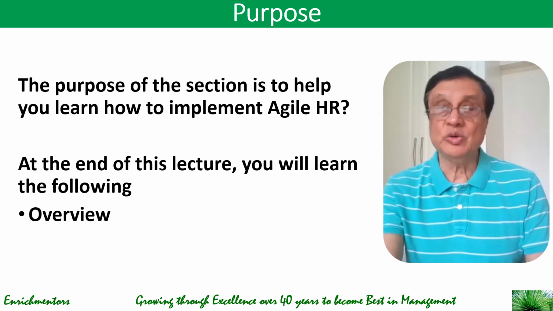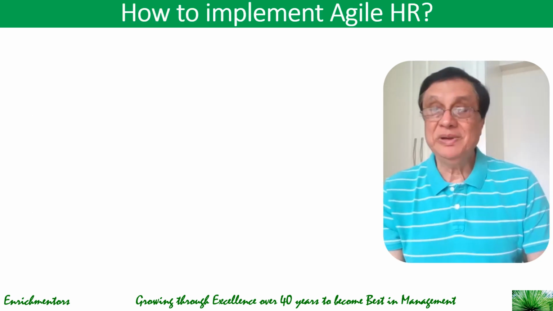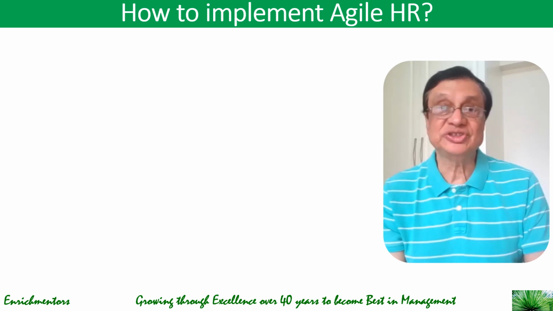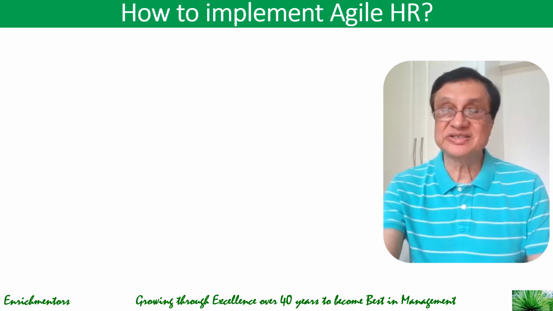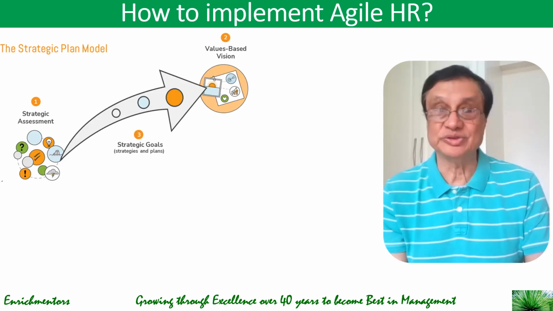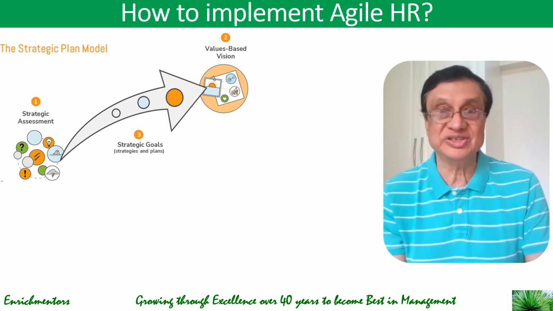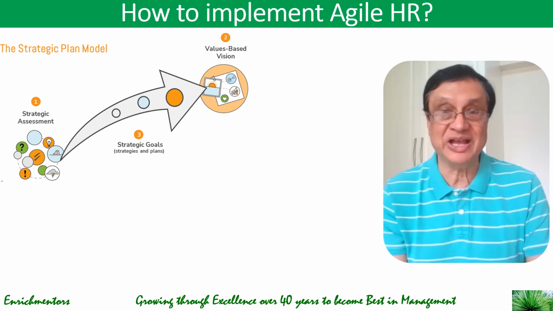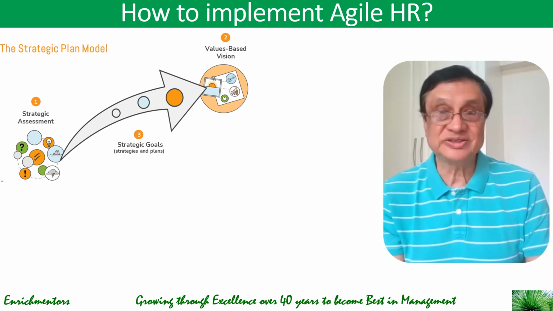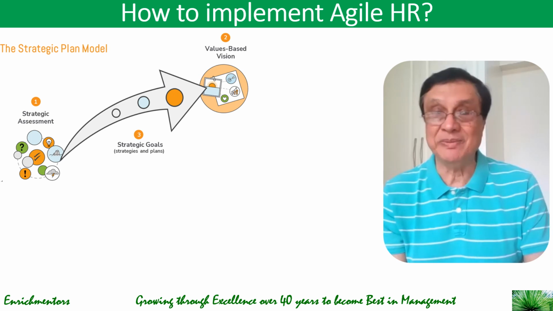So let's take a look at the overview. Implementing Agile HR in an organization basically requires a strategic step-by-step approach in which you start with strategic assessment, you have a vision that is value-based, then you formulate strategic goals, strategies, and plans.